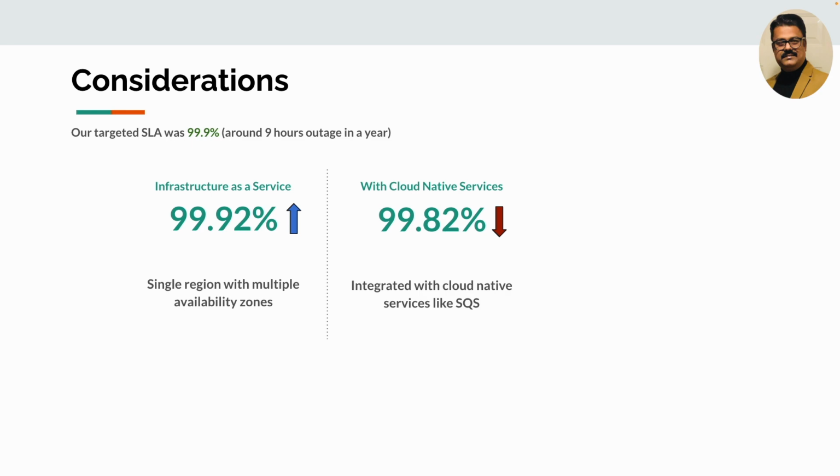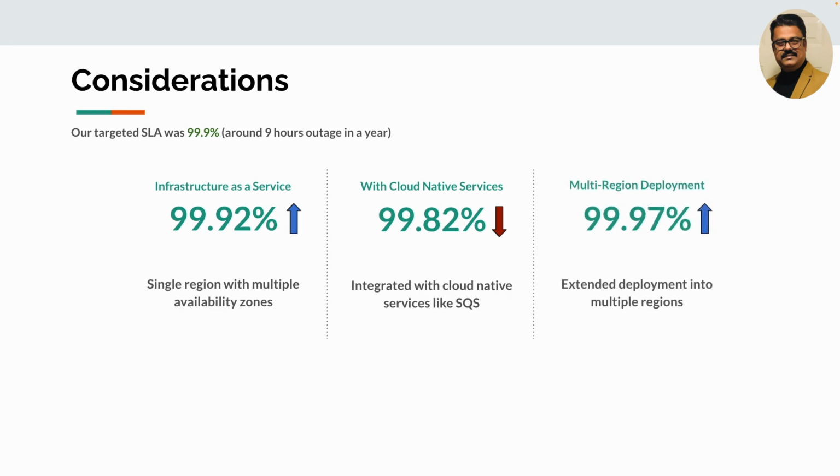More flexibility and decoupling you introduce to your architecture will have an impact on the overall availability of your system. To address this, we have decided to expand our deployment to multi-region. And that turned out to be a game changer. As you can see, our overall system availability has increased significantly.